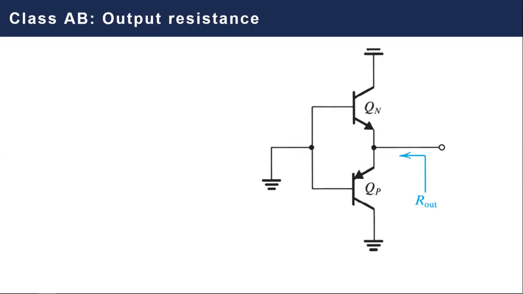And also, if you remember, for class A power amplifiers, typically for those students who consider class A power amplifiers as their module project, I told you, please, when you do this schematic on Cadence or Multisim, try to investigate the output resistance because it is the key parameter. Same applies here. We have to investigate the output resistance of a class AB or a class B amplifier.